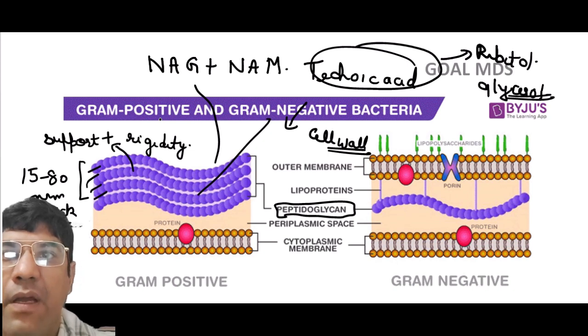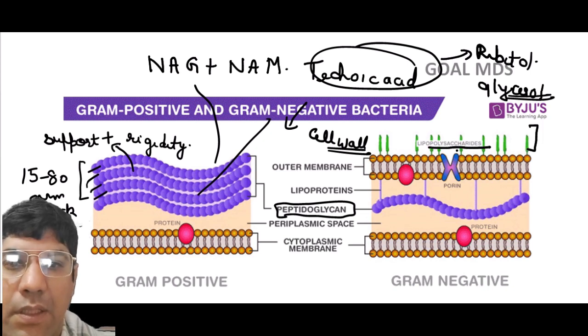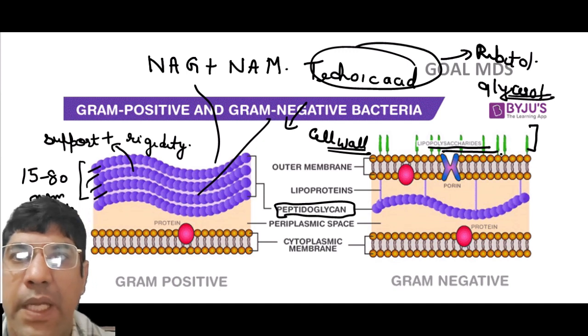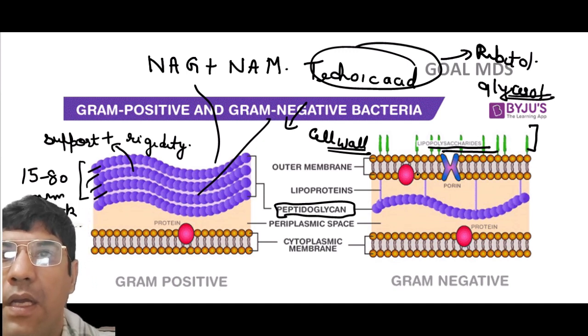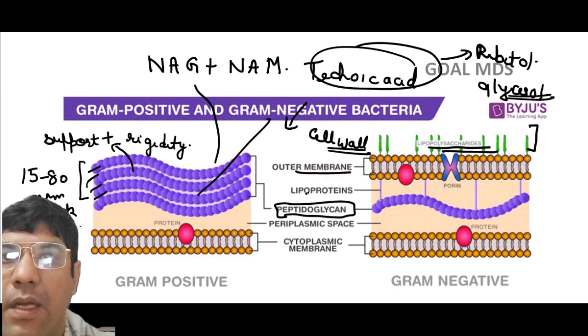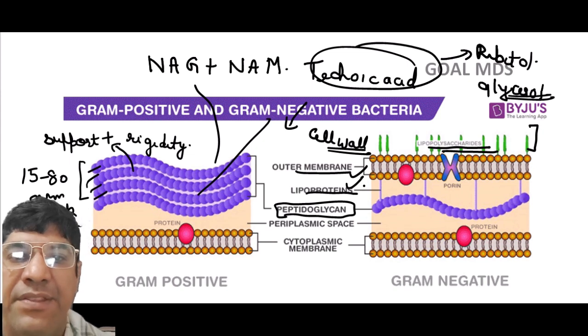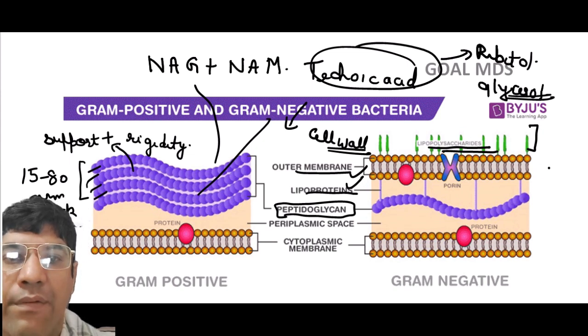In gram-negative bacteria, you will see lipopolysaccharides, the outer membrane, lipoprotein, and the peptidoglycan layer. The lipopolysaccharide is the major component of the cell wall of the gram-negative bacteria.